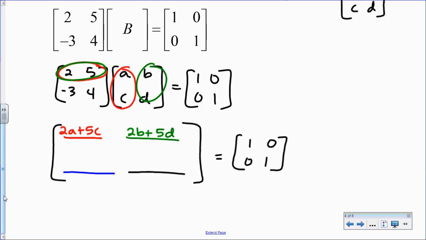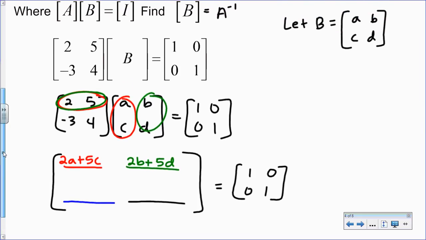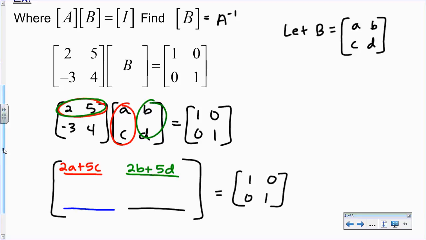Try to fill out the bottom row there. Are we good there?